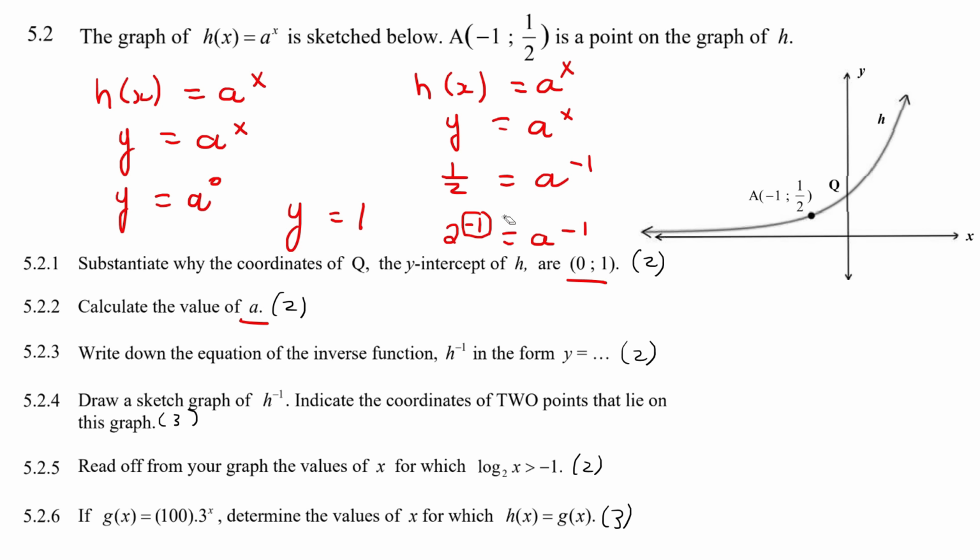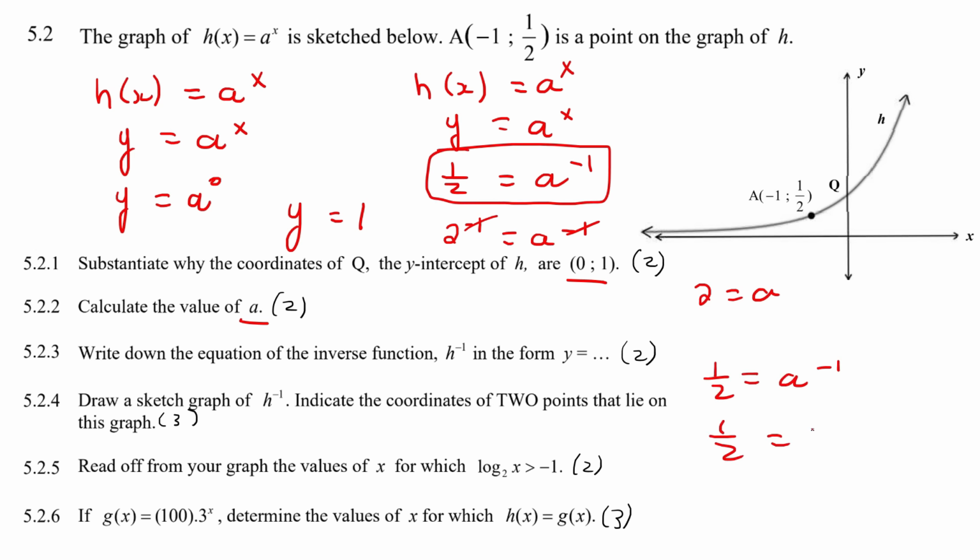When that happens, you can then cancel those, and then a would just be 2. An alternative way you could have solved this is the following. So we know that a to the minus 1 is 1 over a. You could then cross multiply, so you could take that over there and take that over there, so you'd end up with a equals 2 as well. So however you want to do that, okay, but the answer is 2.